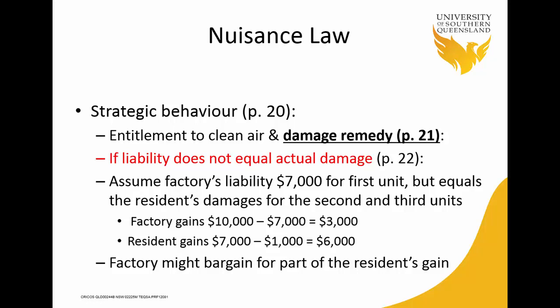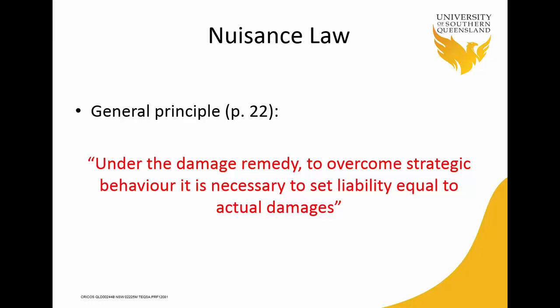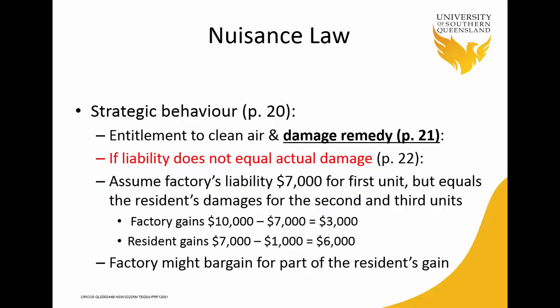So as a general principle, under the damages remedy, to overcome strategic behavior, it's necessary to set liability equal to actual damages. So you must think how the factory is actually going to bargain with the resident. Knowing that if they breach, that's what the resident is going to get, they might actually decide to breach at a different level or not even to breach at all.